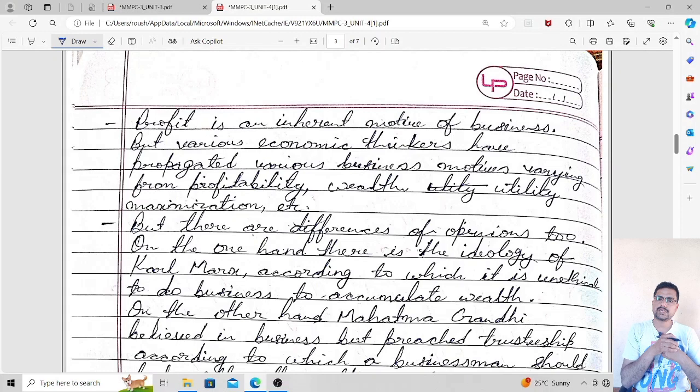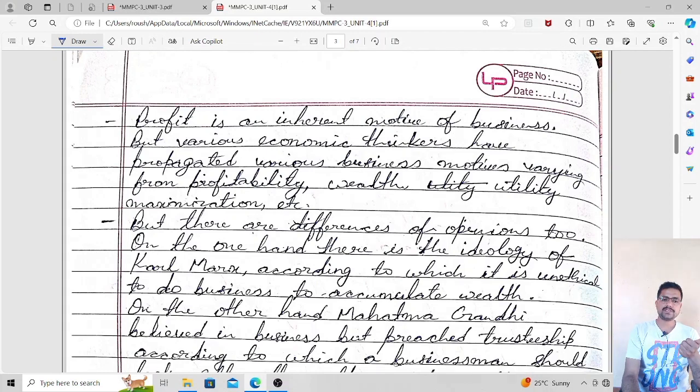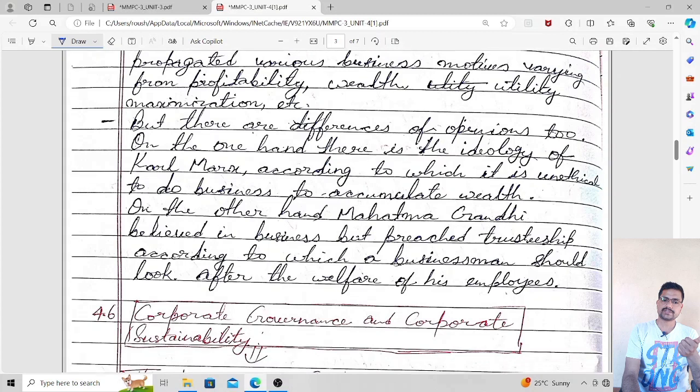Some economic thinkers think that businesses should be for profitability, some for wealth creation, and some think that it should be for utility maximization, and they all have different backgrounds, or you can say supporting views, but there are differences of opinions.